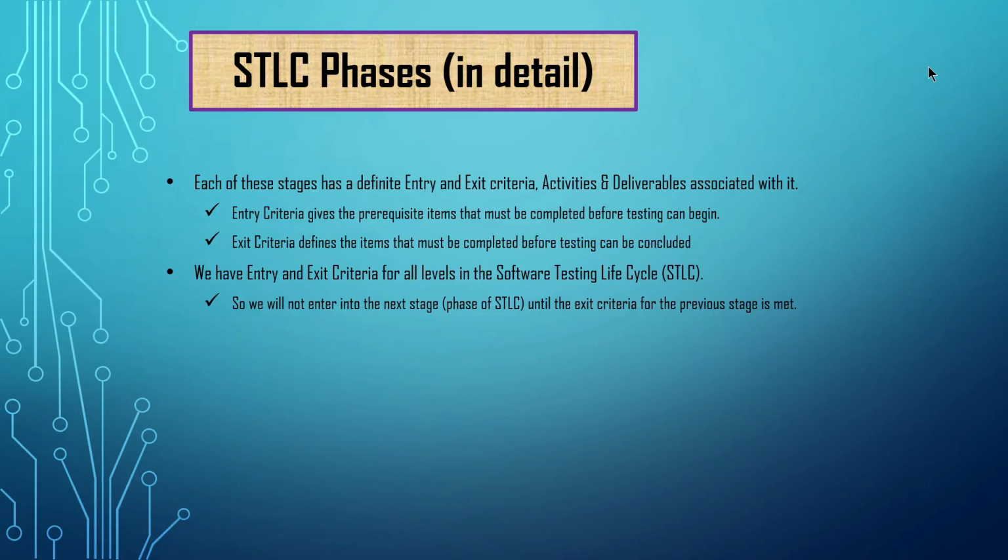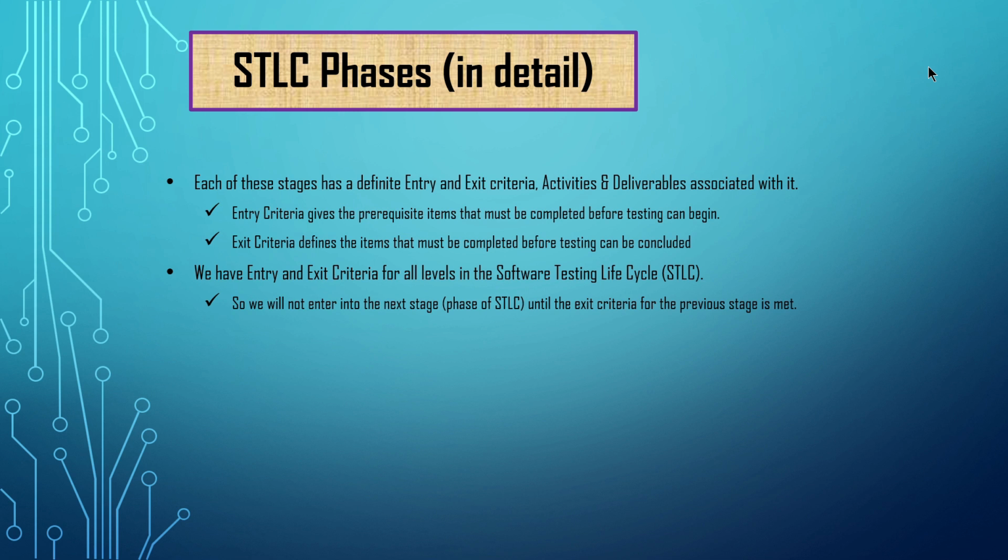So if we talk about the STLC phases in detail, each of these stages has a definite entry and exit criteria, activities and deliverables associated with it, as we discussed. The entry criteria give the prerequisite items, preconditions that must be completed before the testing can begin. And the exit criteria define the items that must be completed before you ensure the testing is concluded.